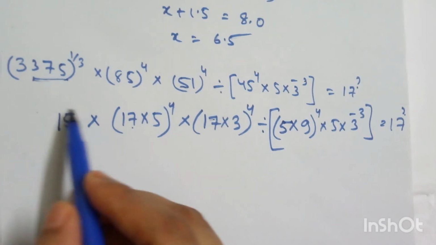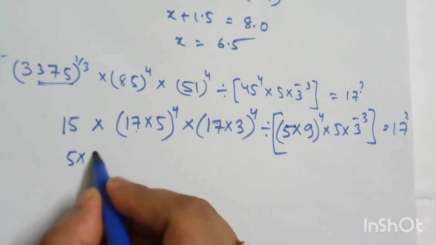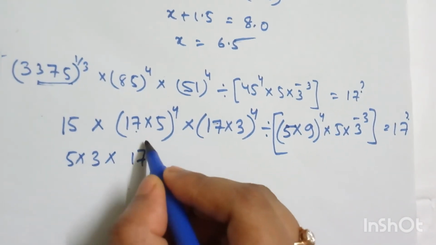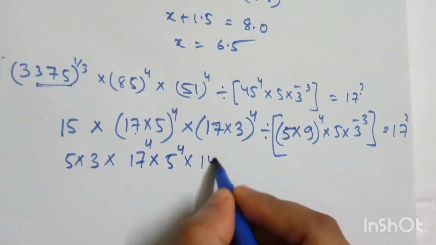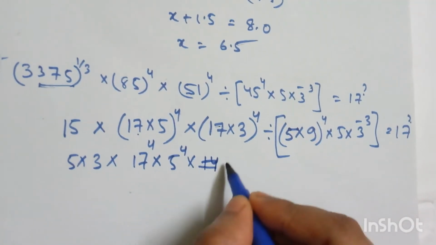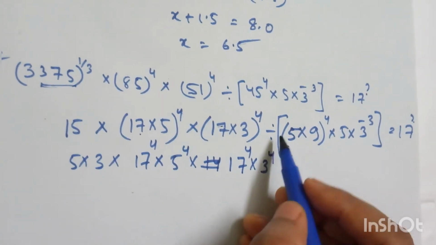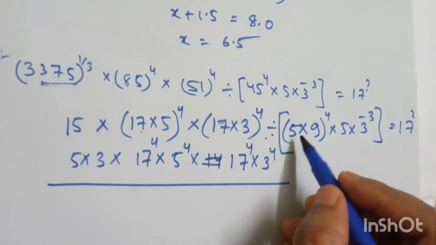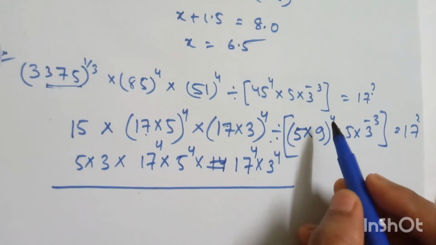So divide this bigger number into smaller ones: 5 into 3 into 17 to the power 4 into 3 to the power 4, divided by 5 to the power 4, 9 means 3 squared.